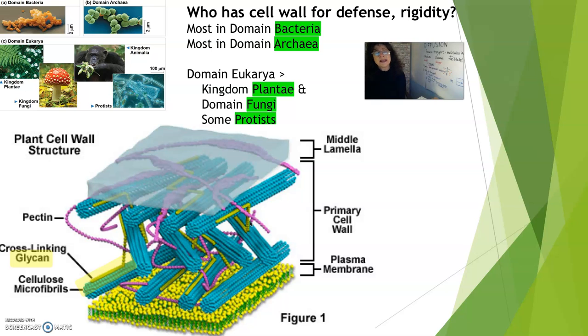So I want you to pay attention to those glycan rods for the rather sophisticated plant cell wall structure in those higher level eukaryotic cells. Keep that in your head, because we're going to go back to the bacteria where they all came from.